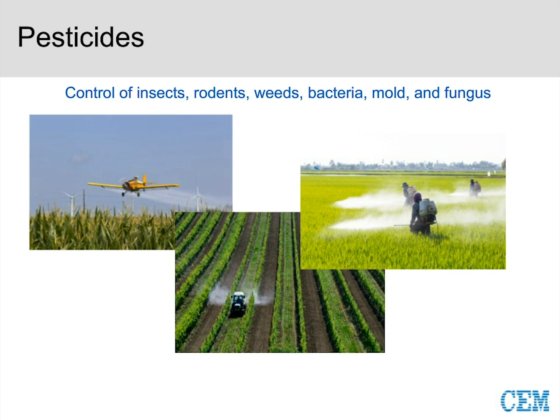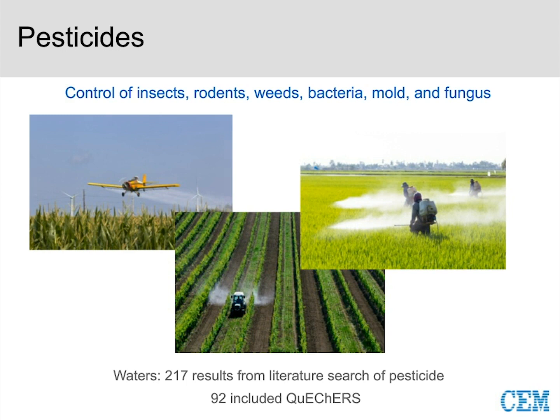So in our lab, we have a Waters Acquity UPLC and a Xevo TQ-G mass spec. So I'm often on the Waters website looking for application notes. And so I just did a search for those that related to pesticides and saw that 217 application notes referred back to pesticides. And that's a lot. It just shows you how much research, and this is just one company. I'm sure all the other analytical companies out there have done just as much work in this sector. And then if you look at how many of those referred back to QuEChERS, it was just a little bit under half of them.